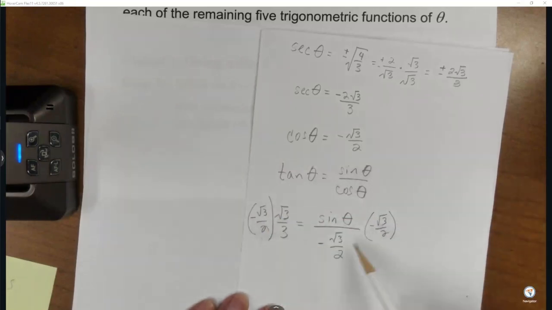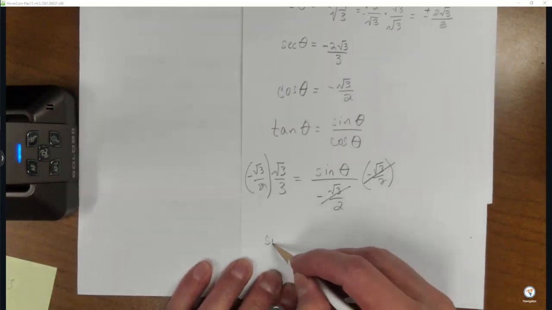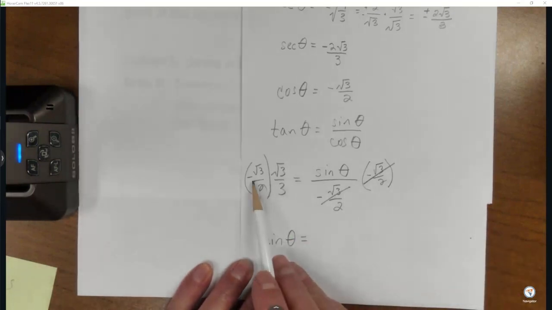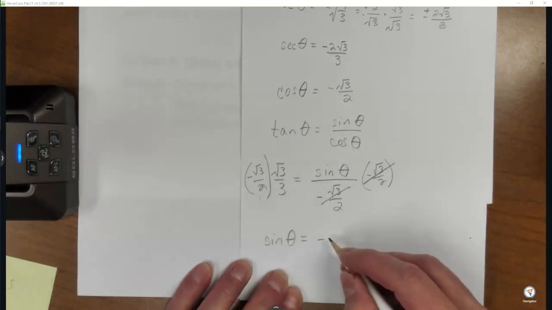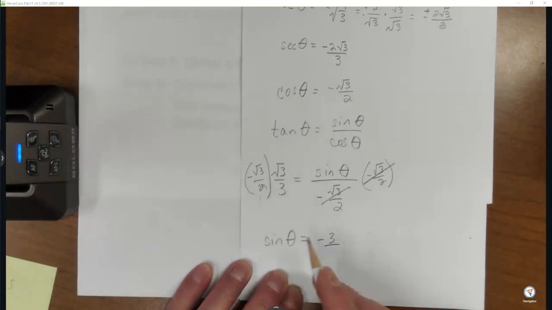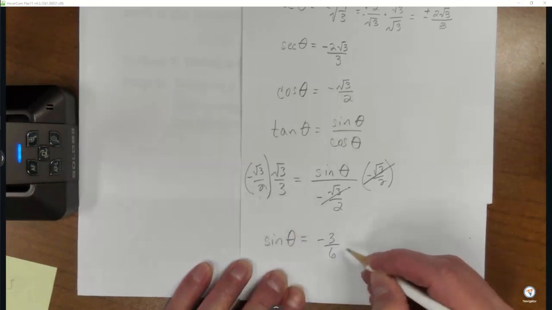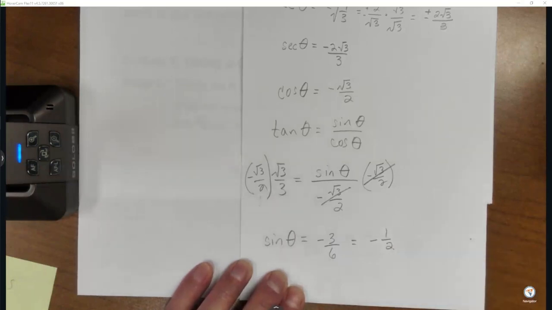Okay, now of course, if I multiply on top, same thing I have on bottom, it becomes a positive 1. So I'm going to put sine theta over here on this side, and we're going to say that the sine of theta is equal to, so I'm taking a negative square root of 3 times the square root of 3, so that's going to be negative 3 over 2 times 3, which is 6. So our sine of theta turns out to be negative 1/2.